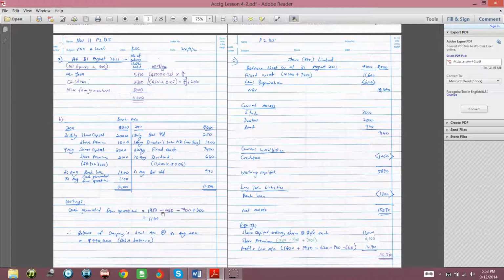If you think of it in a very simple manner, let's say at the beginning of the year, I make a profit of $100. That is my accounting profit. But at the end of the year, I have stock left of $20.